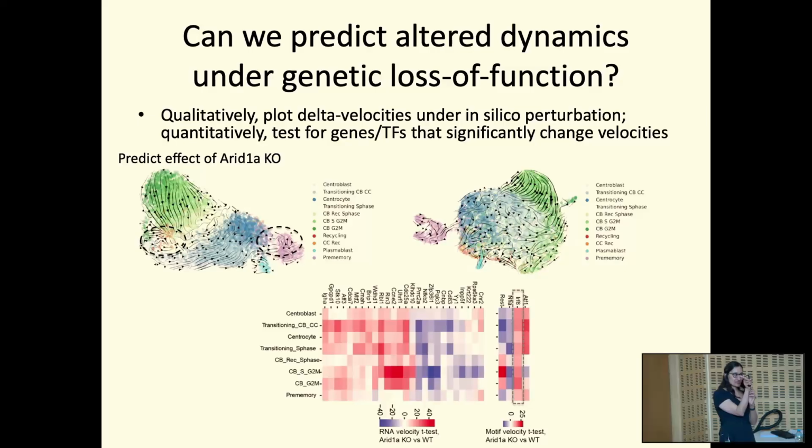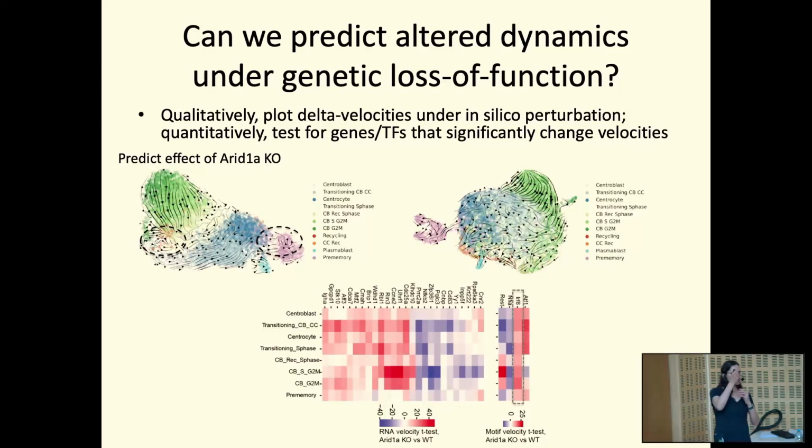So if you look at the delta velocities, okay, you can kind of see some changes, like maybe we're exiting more and we're losing the recycling, and that's kind of phenotypically what happens in this loss. Everything exits the germinal center reaction as immature pre-memory B cells.